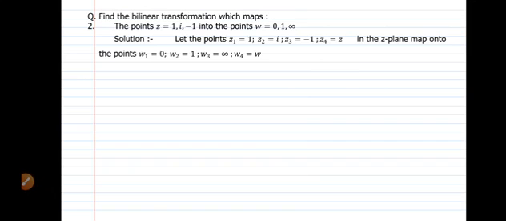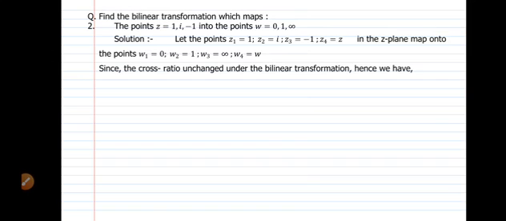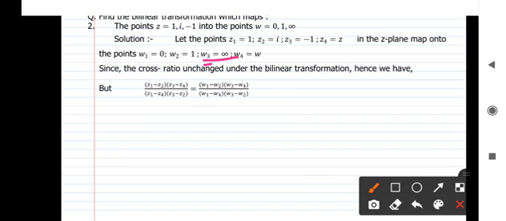The first part is very same. Consider the given points as z1, z2, z3 and one more point as z, which is your z4. 3 points from the w plane as w1, w2, w3 and general point w4 equal to w. The cross ratio remains unchanged under the bilinear transformation, so we can write this ratio. Now see here, the point w3 is infinity.